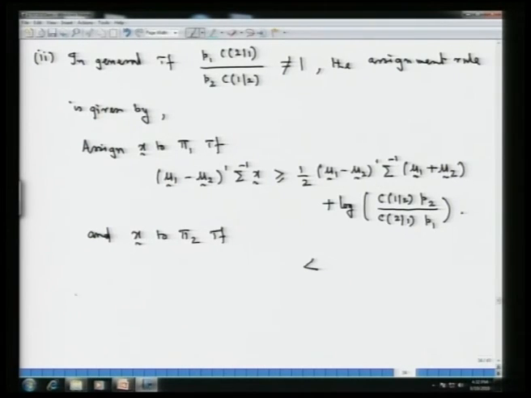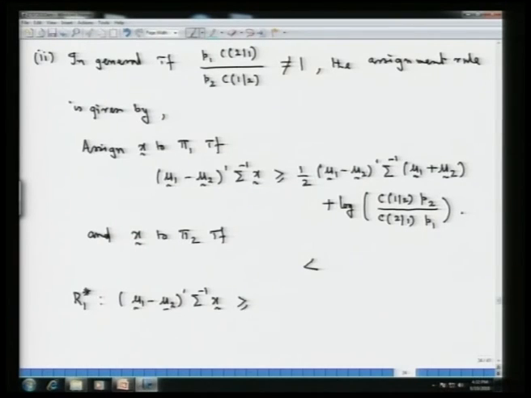And thus, we have got this R1 and R2 region. That R1, let us write that to be R1 star to distinguish it from the previous R1. So, this region now is (mu 1 minus mu 2) prime, sigma inverse times x.